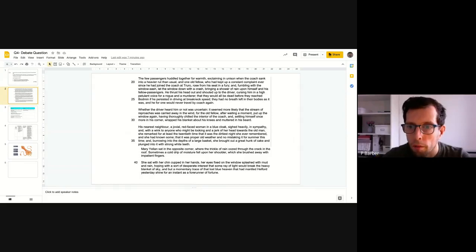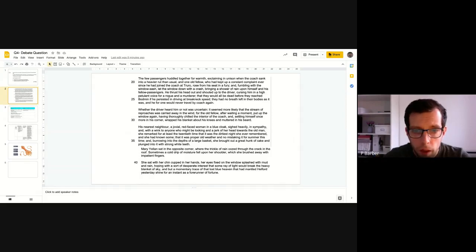They had no breath left in their bodies as it was, and he, for one, would never travel by coach again. Whether the driver heard him or not was uncertain. It seemed more likely that the stream of reproaches was carried away in the wind, for the old fellow, after waiting a moment, put up the window again, having thoroughly chilled the interior of the coach, and settling himself once more in his corner, wrapped his blanket about his knees and muttered in his beard.